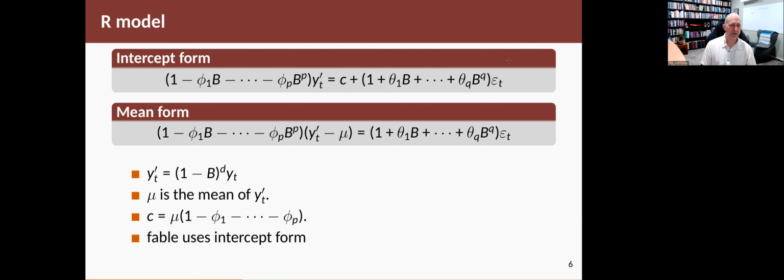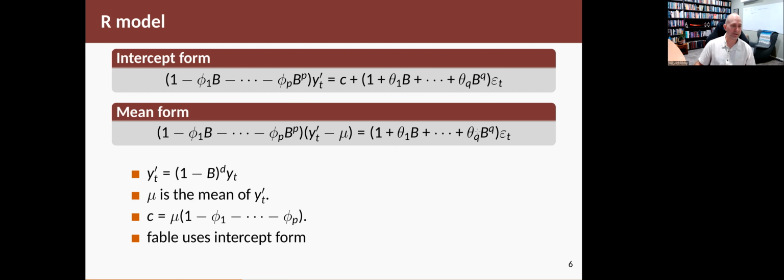The other form, which is popular in some books and in other packages in R, not the fable package, is the mean form, where you first of all subtract the mean of the differenced data and then apply the operators. These are equivalent, just a different notation, and with the output from the functions, you need to be careful which one you're using.